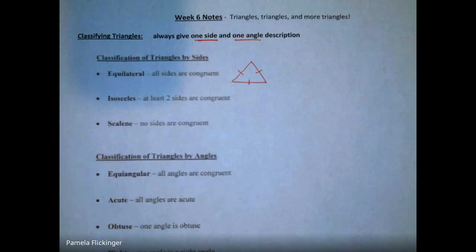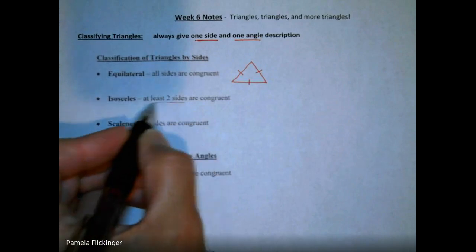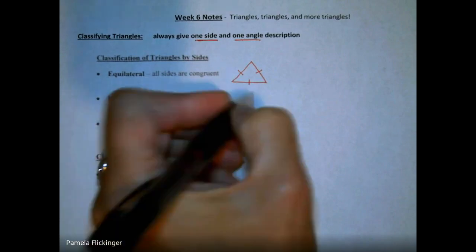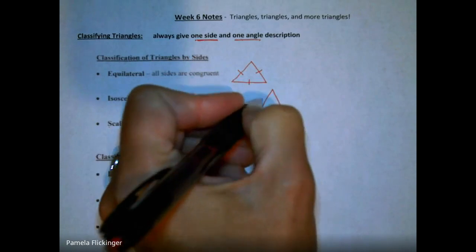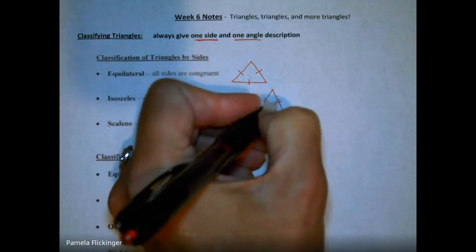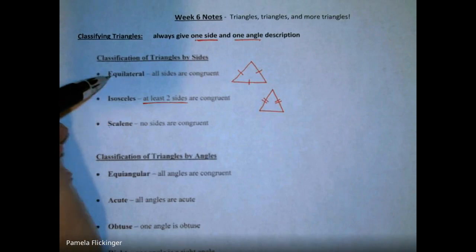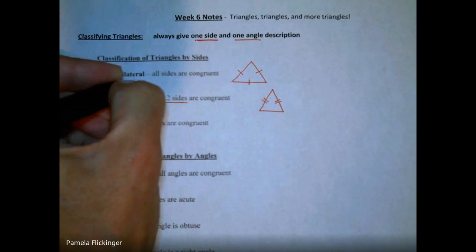sides are congruent. An isosceles triangle has at least two sides congruent. Now it says at least two sides. All right, so we'll draw it first, mark our two congruent sides. But actually, an equilateral triangle is a special isosceles triangle.